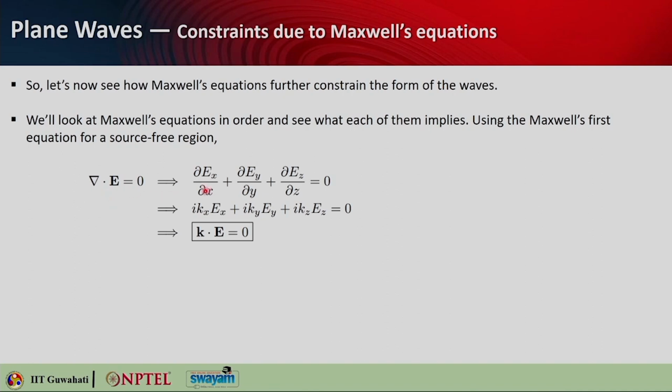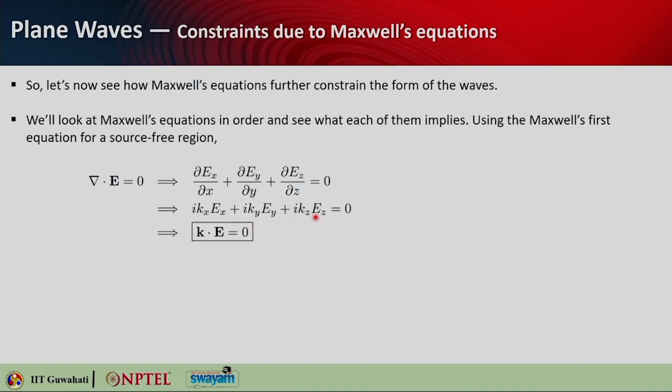Now del dot E can be written as dou Ex/dx plus dou Ey/dy plus dou Ez/dz, and this partial derivative with respect to space can be converted into ikx. That is how you take their Fourier transforms, and you can write them in terms of the wave vectors. So this one you can write as ikx, this one iky, this one ikz.